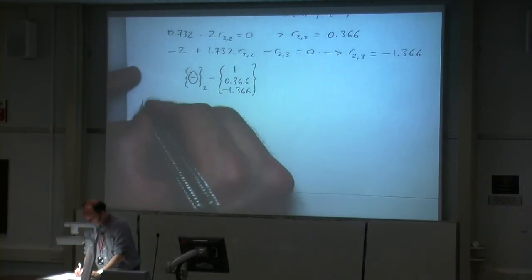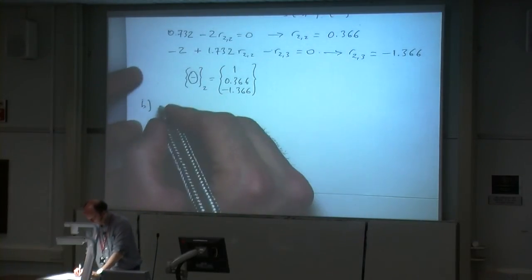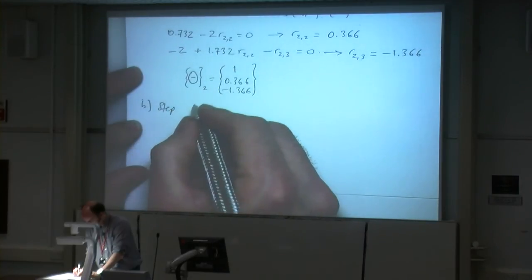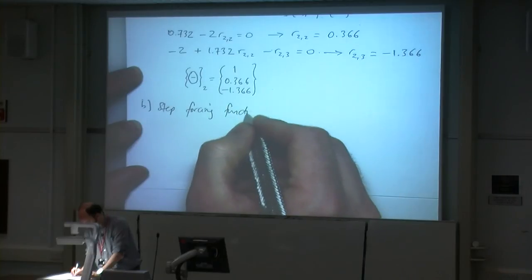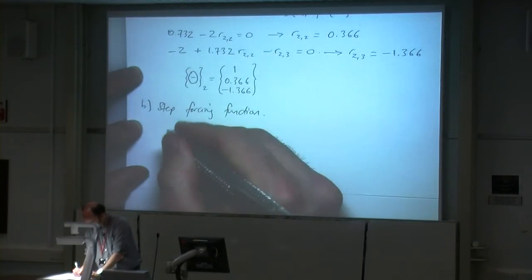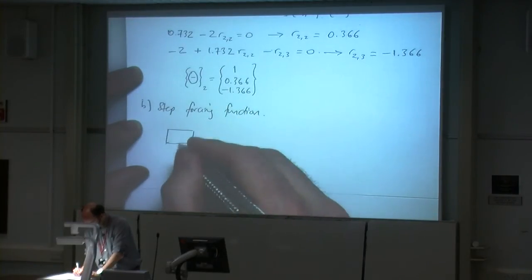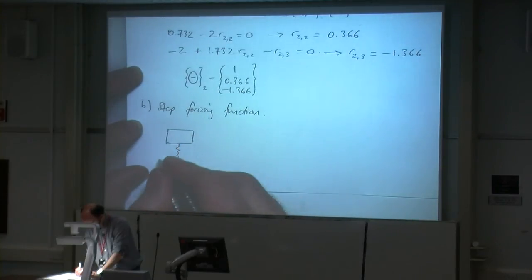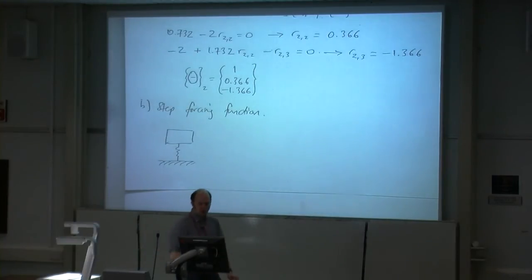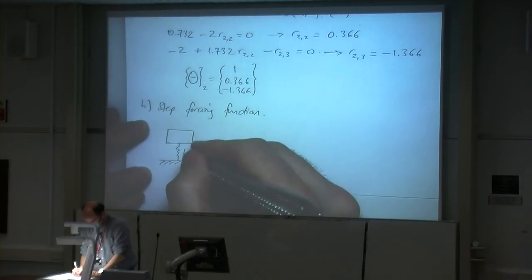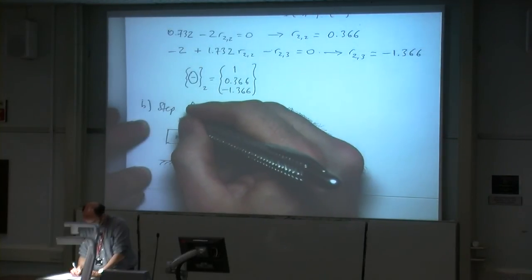Essentially what we've got with B is a step forcing function. We assume ground is the spacecraft. There's a spring of stiffness K, a mass of M, and we have a force being applied.